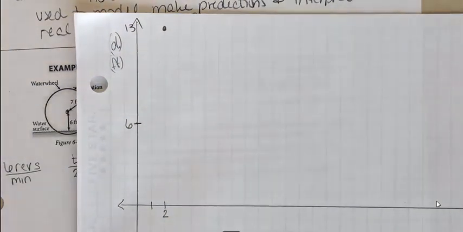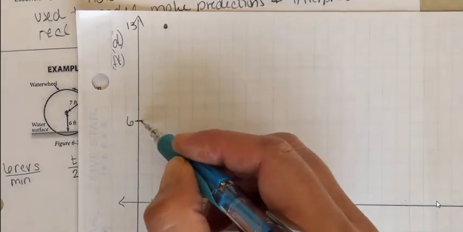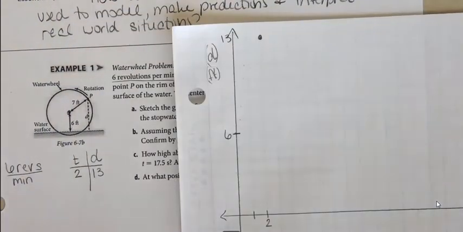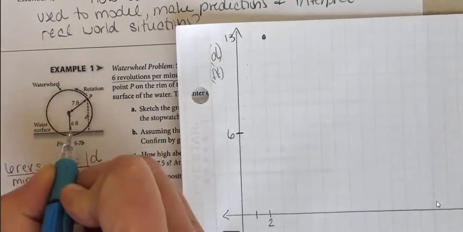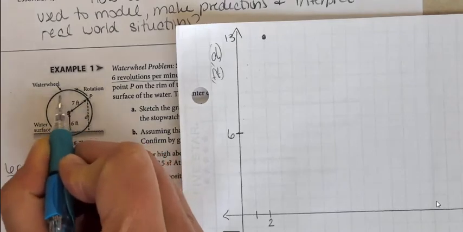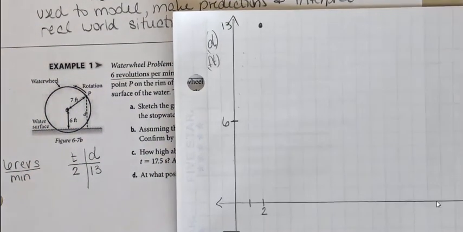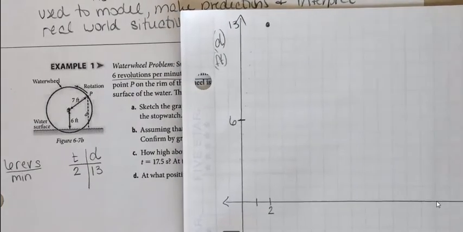So what's my lowest point? Well, from 6 up to 13 is 7. And the radius of that wheel was 7 feet. So if it's only 6 feet off the ground, then as I come around, I'm down below by 1 foot. So I know that my lowest point is going to be at -1 feet.